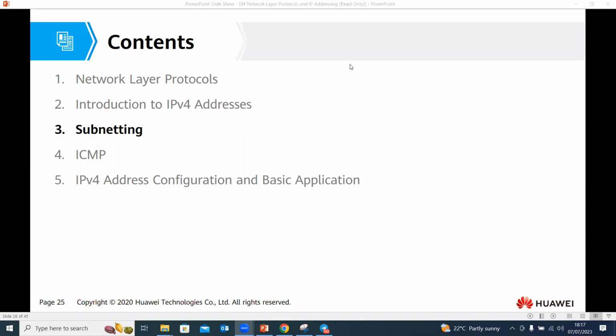If we have a network of class C, let's say we have 172, no, that's class B, 192.168.10.0/24. So we say that part of this network is the network part, and the other is the host part.